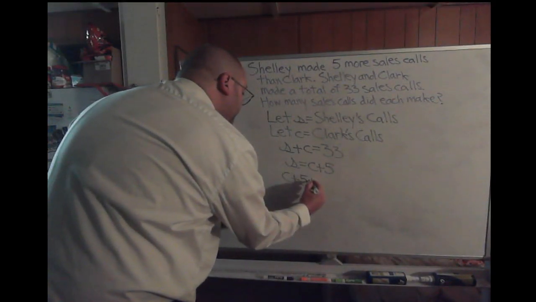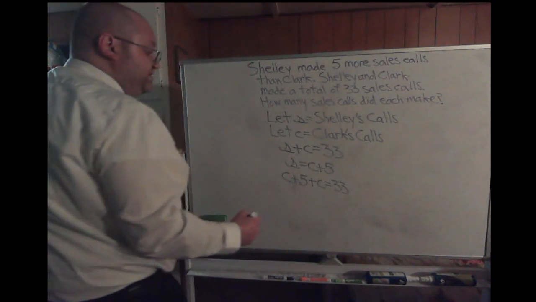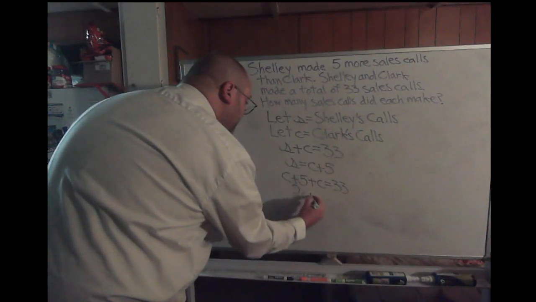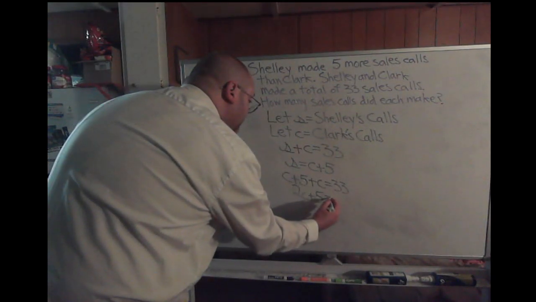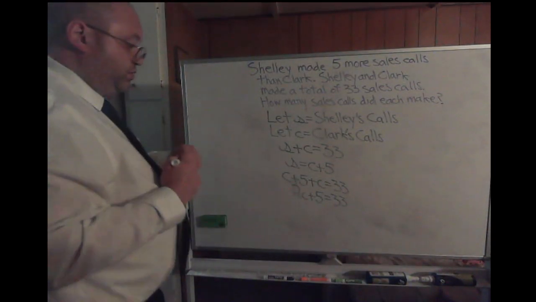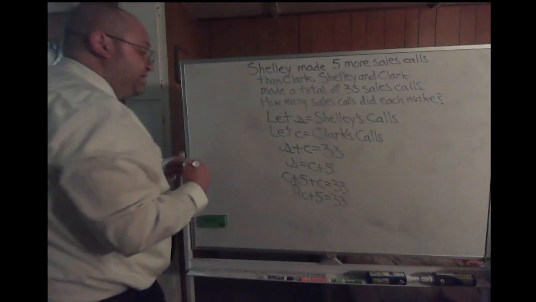Clark's plus 5 plus Clark's equals 33. Simplify the left side, C plus 5 plus C, we get 2C plus 5. That's equal to 33. Okay, well, we have 2C plus 5. We just want to get 2C. We got to subtract 5.